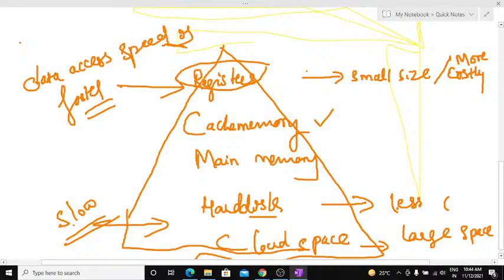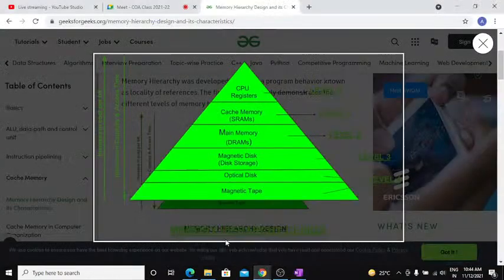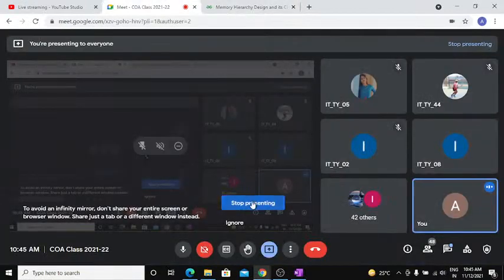For large memory, the data access speed is slow. So this is all about your third unit.